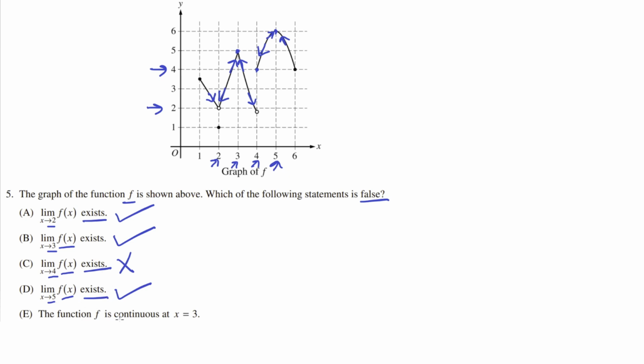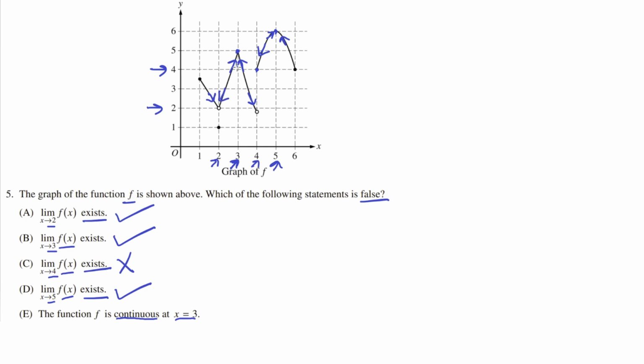And then, the function f is continuous at x equals 3. So at x equals 3, which is right here, we see that the graph is continuous. Why? Because there are no holes or jumps at this point, meaning there's no hole like there is at x equals 2, and no jump like there is at x equals 4.